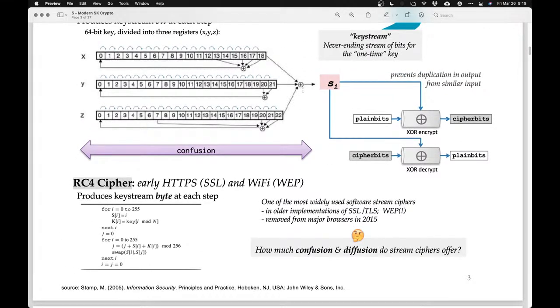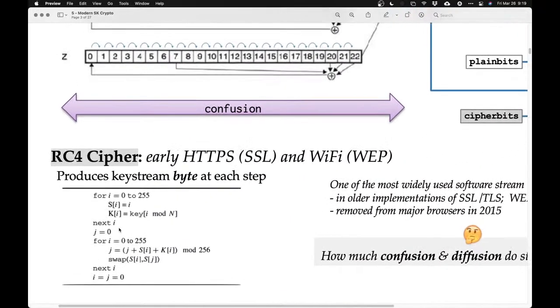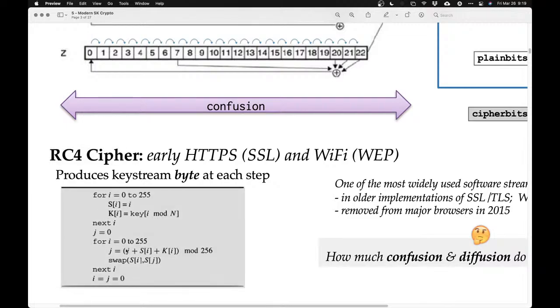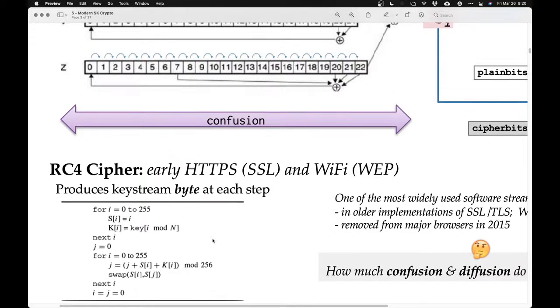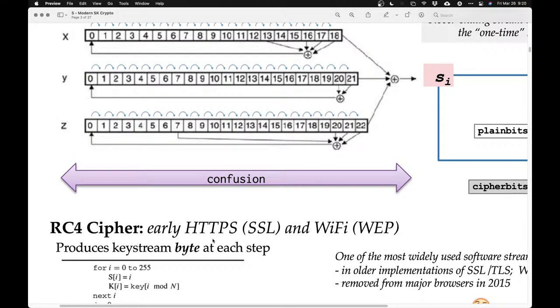It's also producing key bits, but it's not doing it a bit at a time. It's doing it 1 byte at a time. A byte is 8 bits. The algorithm is here, but I'm not going to go through it. But essentially, you're going to see some things that might be familiar to you in here. There's modulo math and other things going on. But the basic idea is rather than producing a key stream bit by bit, it's producing it byte by byte.